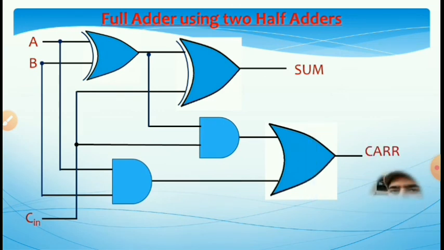Now both these carries, AB and ABC, are passed to an OR gate which forms the final carry. So this is the circuit for a full adder using two half adders. In this way, we can design a full adder using two half adders.